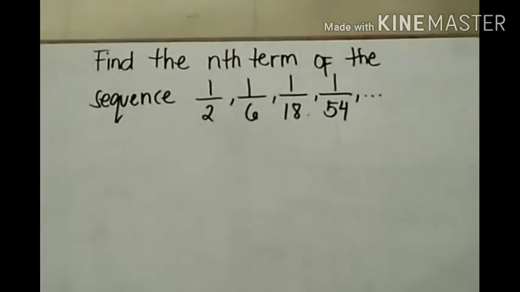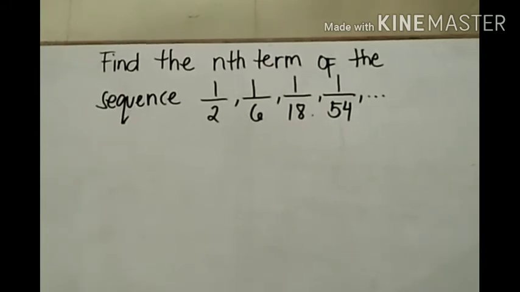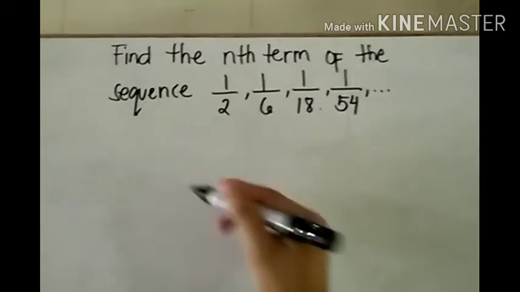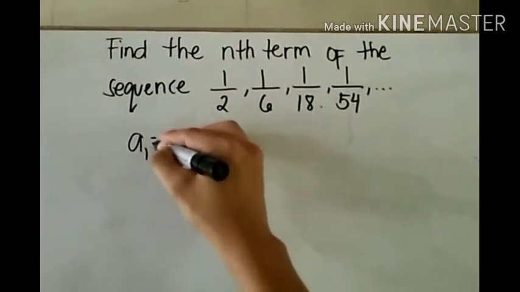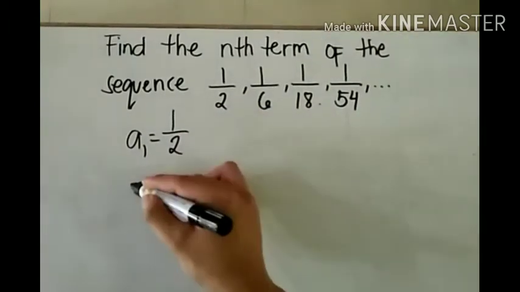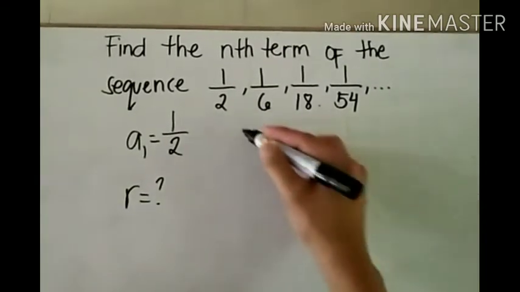Now, how about if we're given the problem, find the nth term of the sequence 1/2, 1/6, 1/18, and 1/54, and so on? First, we identify our A sub 1. A sub 1 again is the first number, that is 1/2. Now, paano natin kukunin yung ratio? So, ganun din.